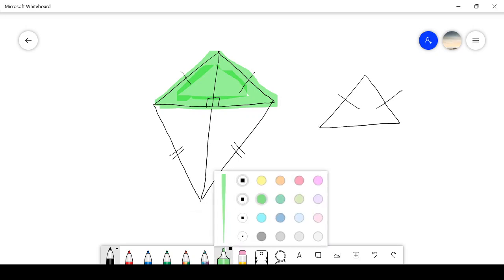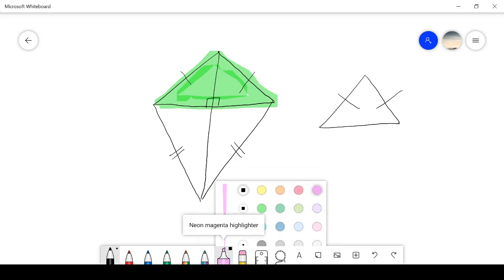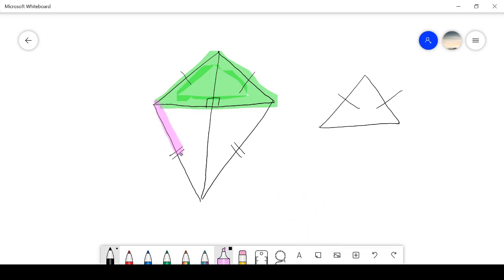And if I look at the other side of my kite, what do I have here? Yes, I have another triangle. And what type of triangle is that? It's also an isosceles triangle. So, if we work out the area of one triangle and work out the area of the second triangle and sum them up, that's one way of getting the area of my kite.